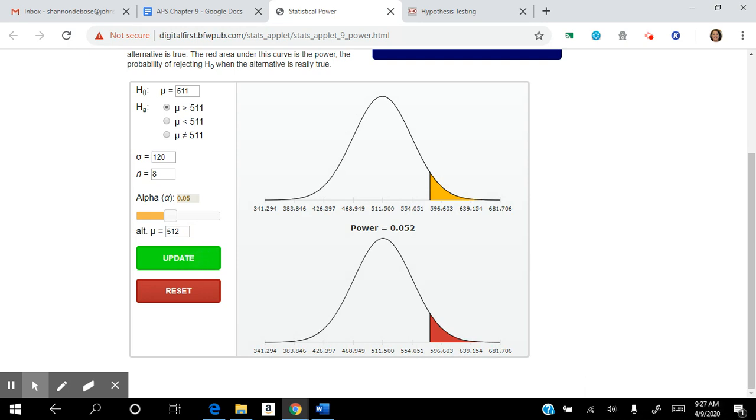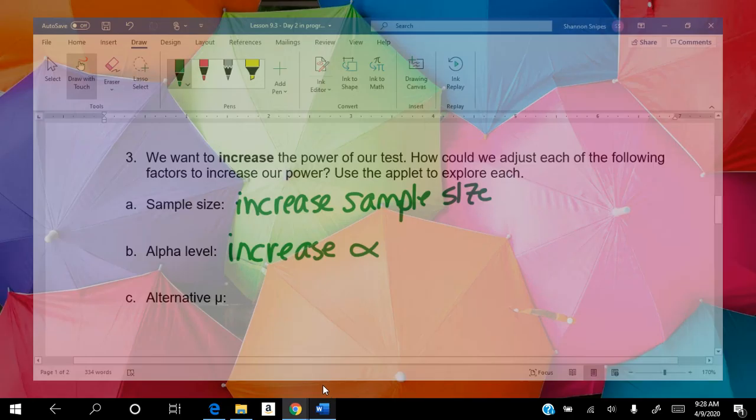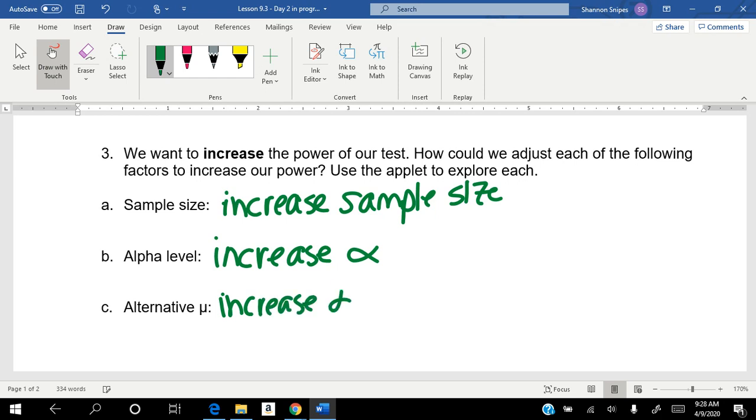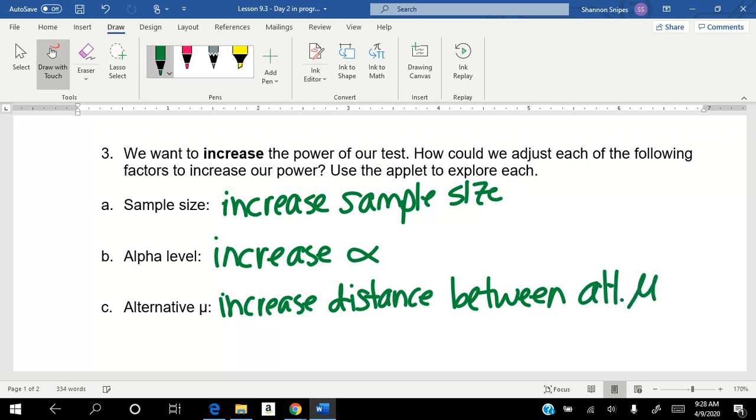Now remember, when the mu was 535, our power was 0.14. Now if I do 512, that's only one number above 511. Our power becomes quite small. So to increase the power, we need to increase the distance between your alternative mu, which is what the true mean would be, and the null value.